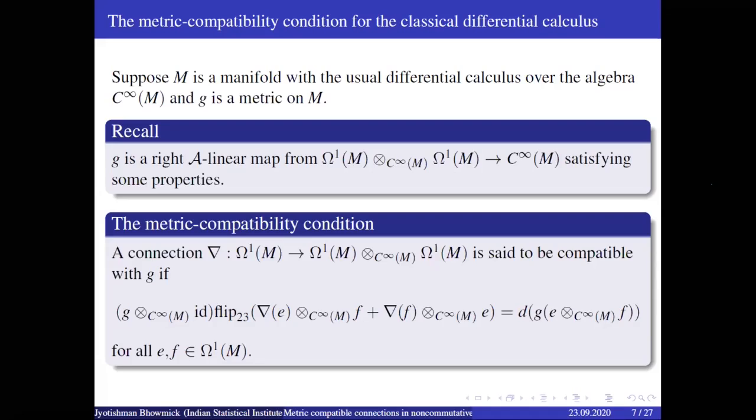You take two elements E and F from the algebra C infinity M. You apply D of G of E tensor F. So G takes value in C infinity M, which is the space of 0 forms, and then you apply D. It lands in the space of 1 forms, and here again you can easily check that this lands in the 1 forms. So this is an equality of 1 forms.